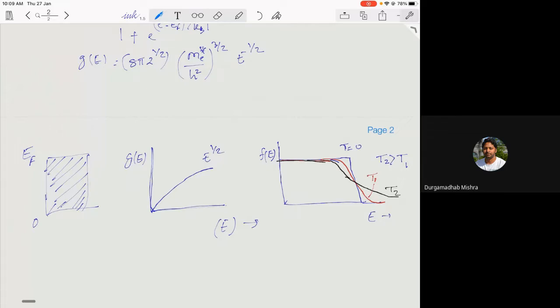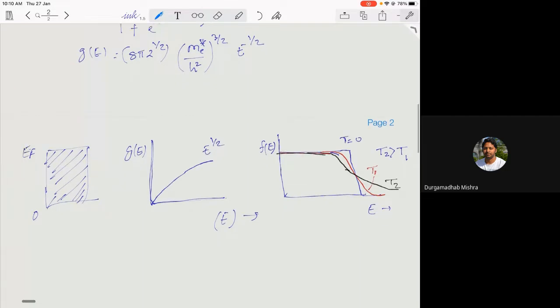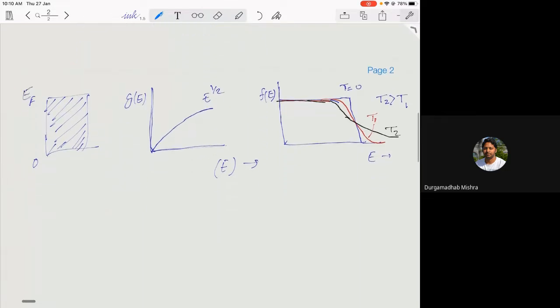Some of the electrons close to the Fermi level will jump over and occupy the electron states above the Fermi level. Now, if we take the two products, we will get the electron concentration per unit volume. So if we take G of E and F of E, how will it look?